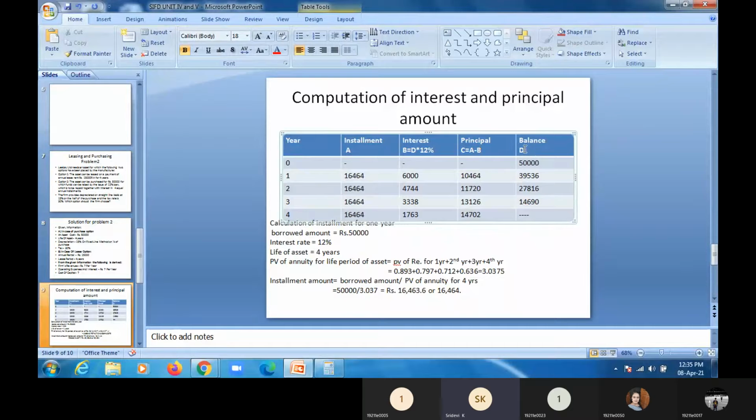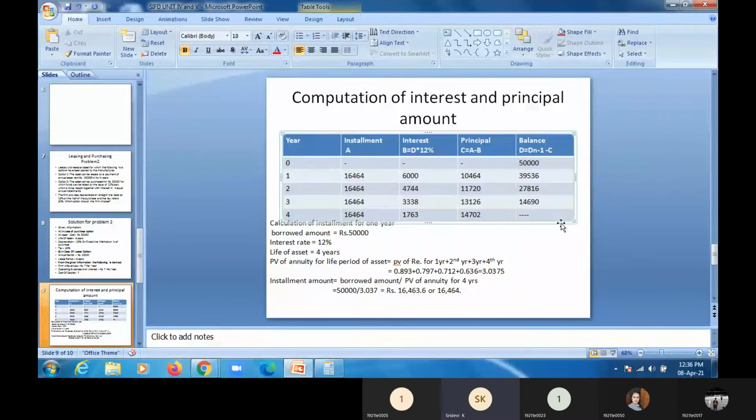And how do we get the D value? D of n is equal to D of n minus 1, the previous year's balance, minus C. Okay.